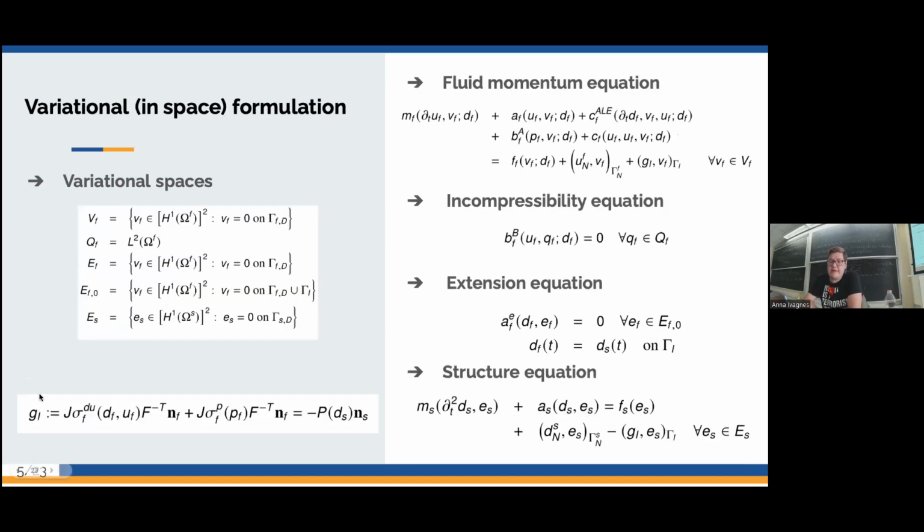Okay, here we have that the normal stress function enters both the fluid momentum equation and the structure equation, and it is the same function here. So the point is to find such a G such that, putting it instead of the normal stress, we have the fluid velocity as close as possible to the velocity of the structure.